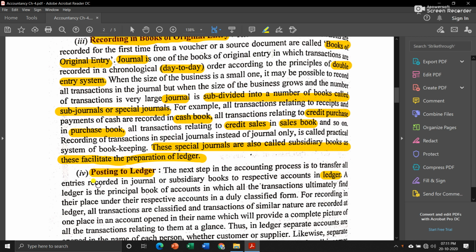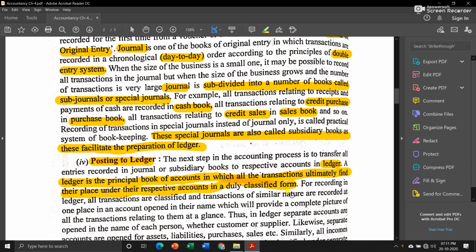The ledger is the principal book of accounts in which all the transactions ultimately find their place under their respective accounts in a duly classified form. In the ledger, we separate each and every transaction. Suppose all the cash sales or cash purchases or any cash related transactions will be recorded under the cash account in the ledger.